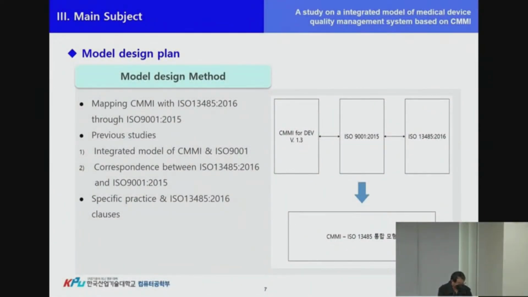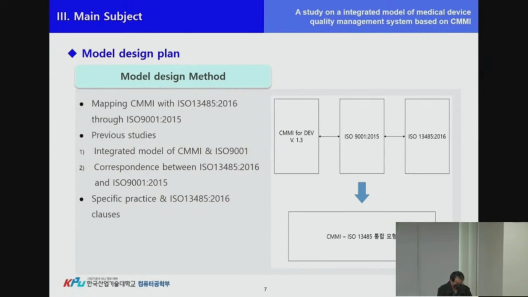First, I mapped the ISO 9001 with the CMMI and then connect the ISO 9001 with ISO 13485. There are several studies which integrating the ISO 9001 and CMMI in the previous study.